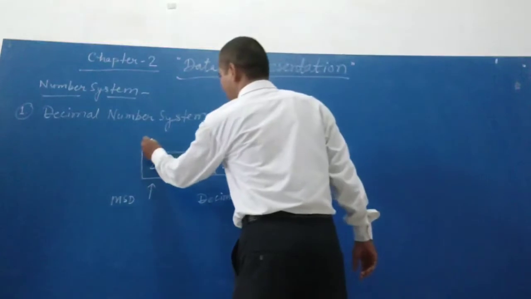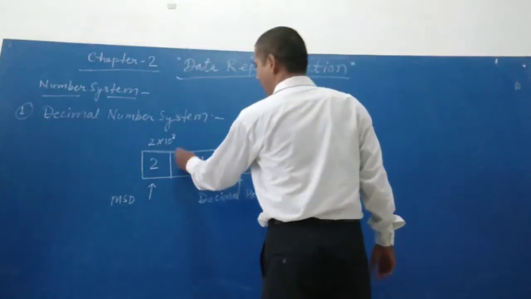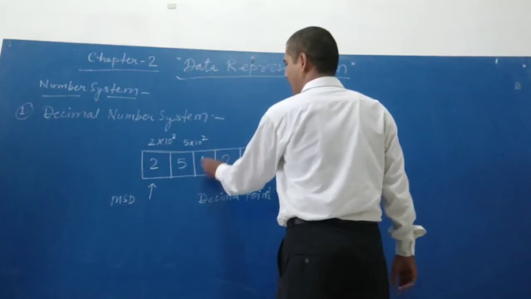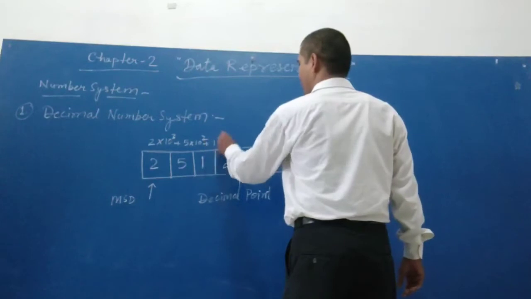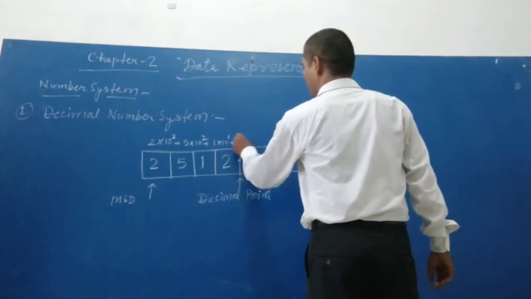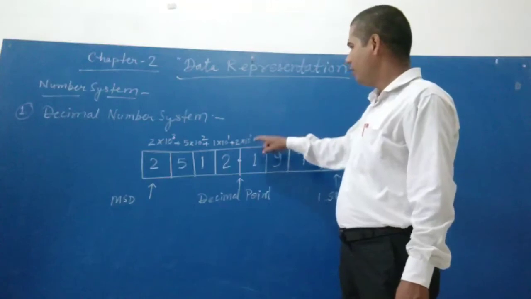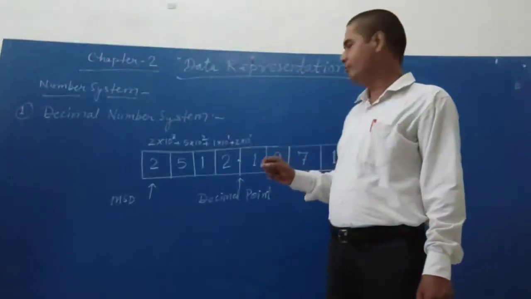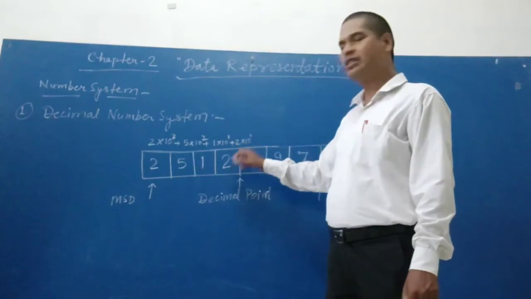So we write this number 2 into 10 to the power 3, and 5 into 10 to the power 2, and the next number 1 into 10 to the power 1, plus for this number we write 2 into 10 to the power 0. When we write any number with power 0, its value is 1. 1 into 2 means 2.